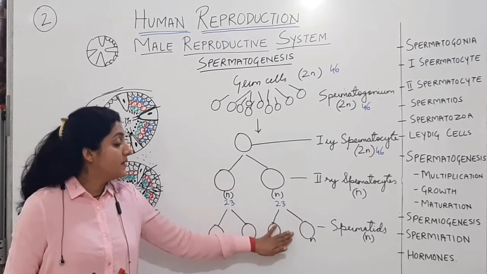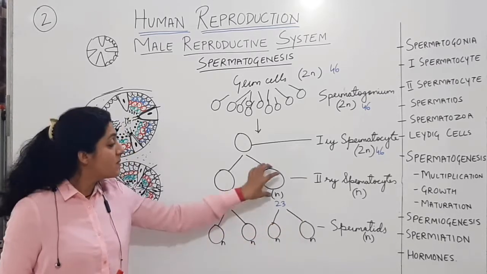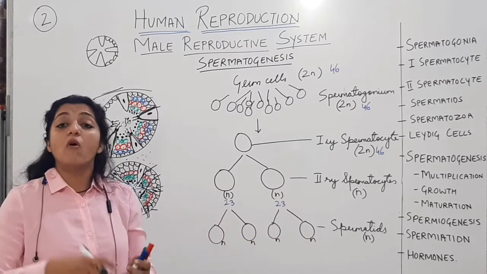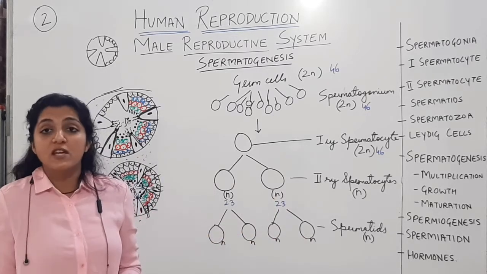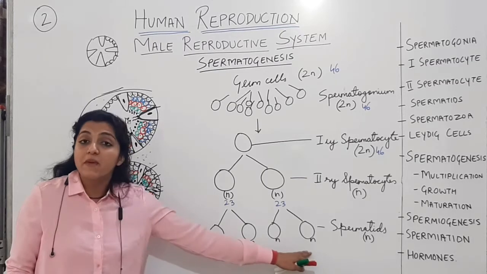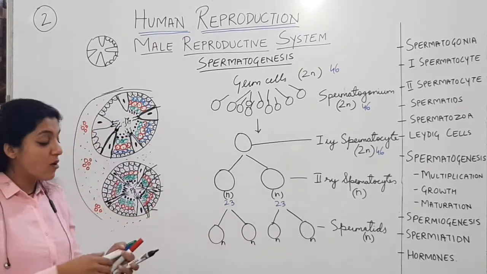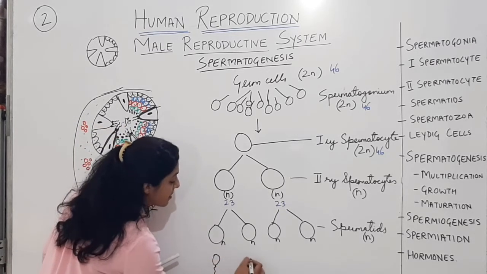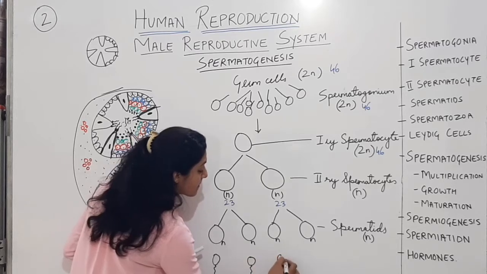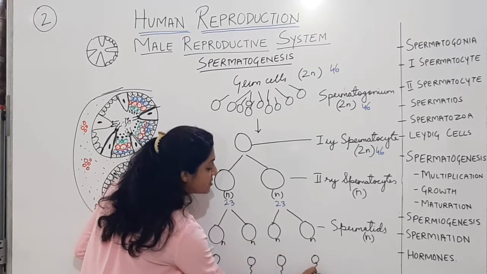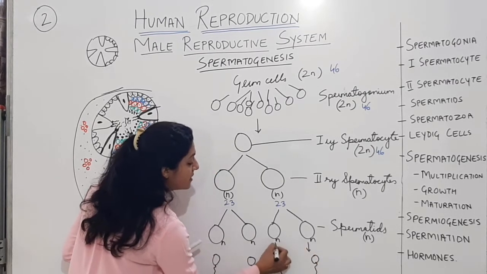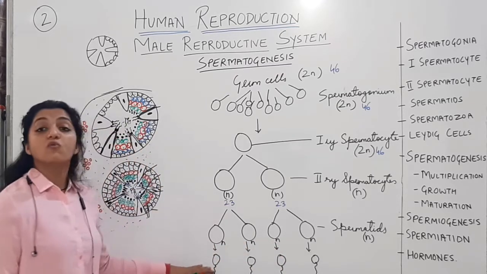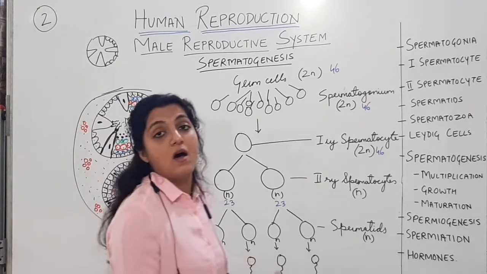Alright, अब ये spermatids तक की सारी shape हमने round बनाई है. These spermatids are going to undergo morphodifferentiation. इनके shape में change होगा. Rest everything is going to remain same. It is going to undergo morphodifferentiation and form the spermatozoa. So each spermatid is going to mature, undergo morphodifferentiation to form spermatozoa.